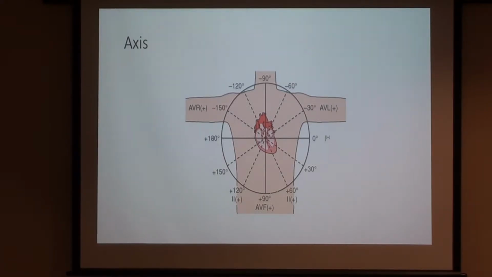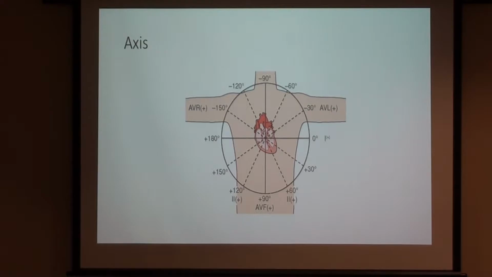You remember geometry class where we talked about rays: if you could pick a ray that points the direction of most of the voltage for a QRS complex, that's what it means, the direction that the depolarization travels. And most of the time it's going to be basically in this direction, right? From the AV node down to the apex of the heart. So a normal axis is said to be between minus 30 and plus 90. That means that the axis will be between the direction of where AVL goes and AVF goes.